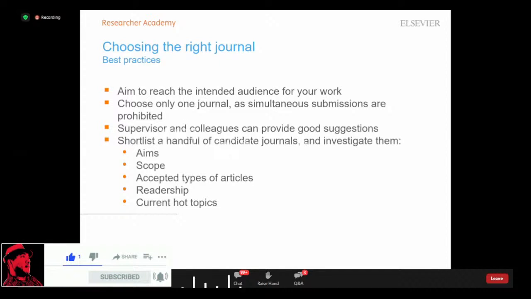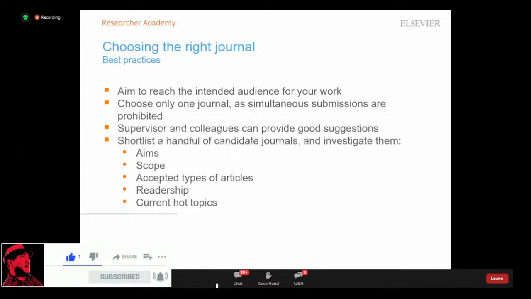An important thing to know is to only pick one journal at a time. Simultaneous submissions are not allowed, and in most cases editors will find out.